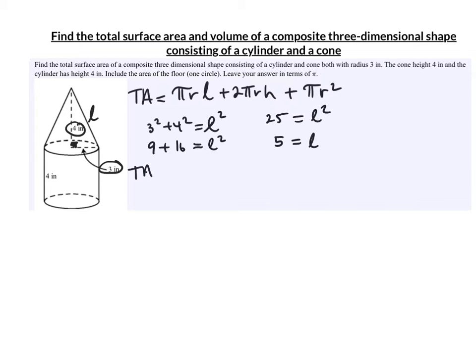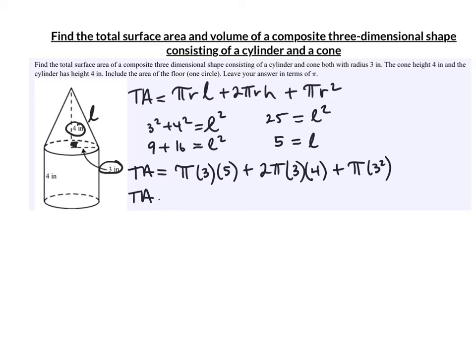So our total area is pi times the radius, 3, times the slant height, that's L, that's 5, plus, now we're doing the cylinder, that's 2 pi times the radius, which is 3, times the height of the cylinder, which is 4, plus the circle, which is pi r squared, that's pi times 3 squared.